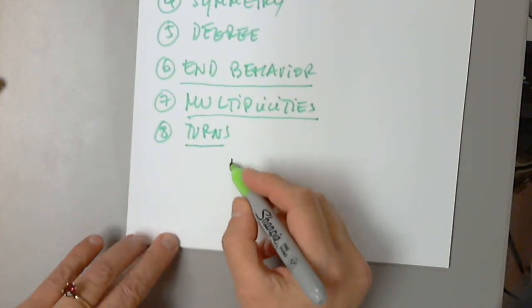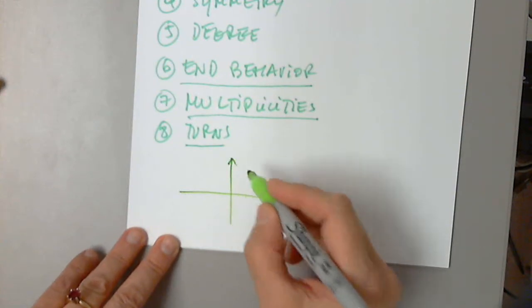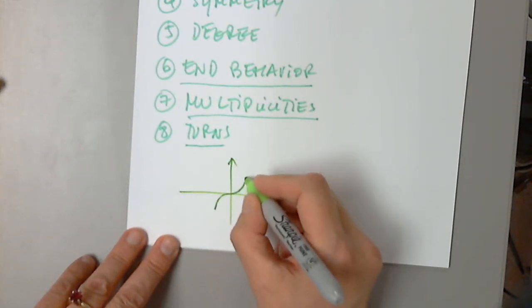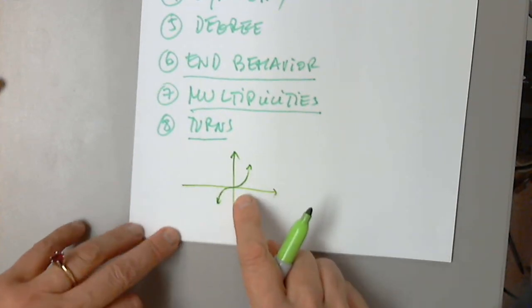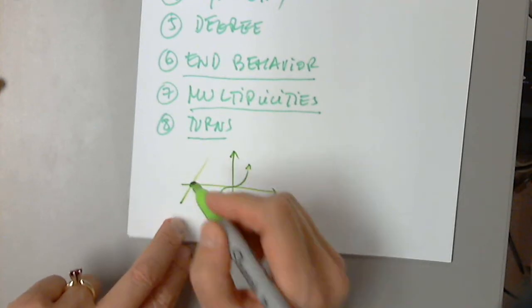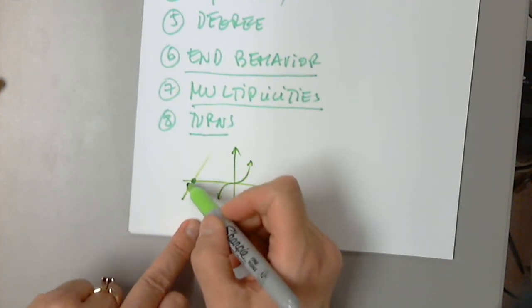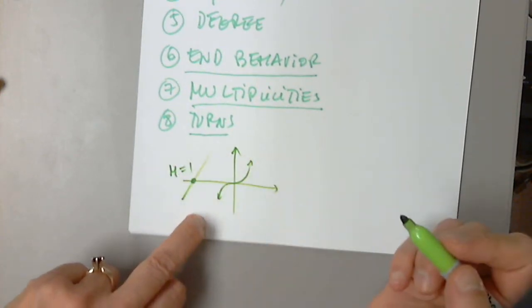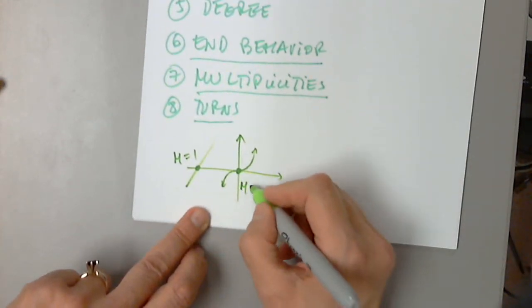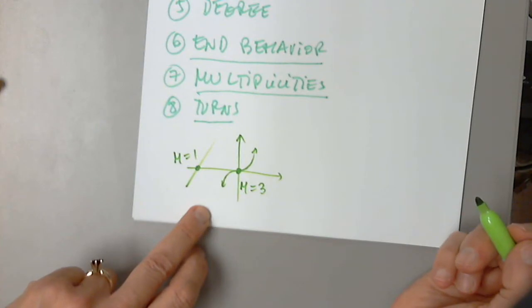Now, when we graphed x cubed, do you remember what I said? That the cross at the origin is not like this. So it's definitely different. Here, the solution appears once, multiplicity 1. But here, this solution, although it's the same, appears 3 times.